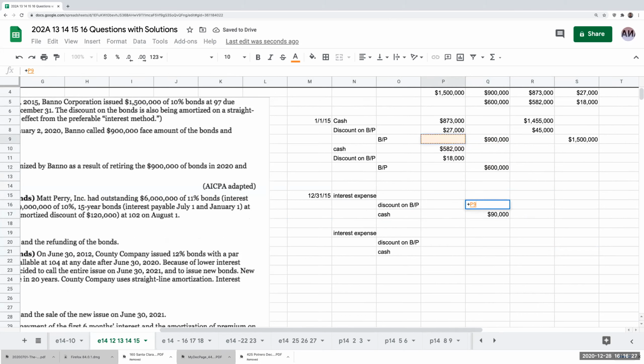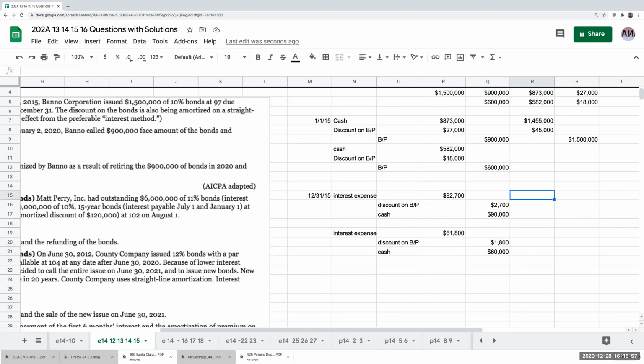The amortization is going to be 27,000 divided by 10, so my interest expense is going to be 92,700. Similarly, over here, the cash I'm paying for interest is 60,000. Amortizing this bond is 1,800, so my interest expense is going to total 61,800.